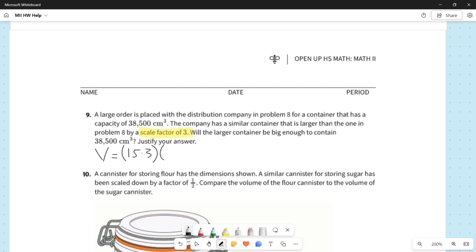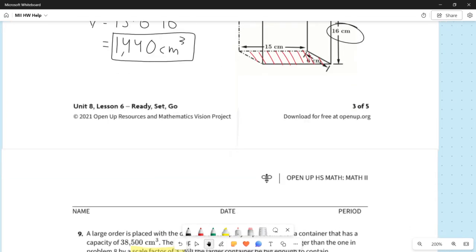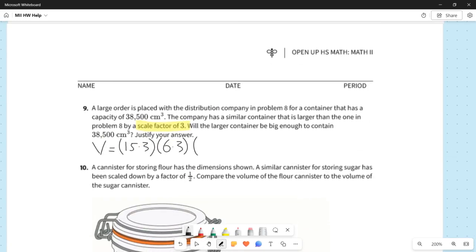Then I'm going to take my 6, and I'm also going to multiply that by 3. So what we have so far is the area of the new base. To get the volume, I want to multiply by the height. The height of the original one was 16, so I'm going to also multiply that by 3. So we get 16 times 3.